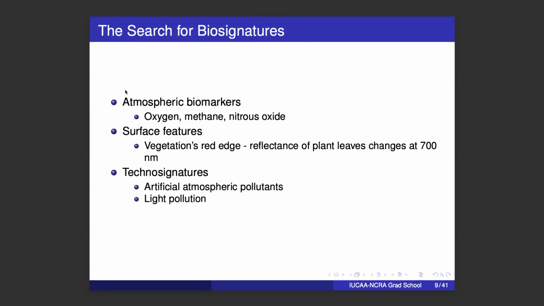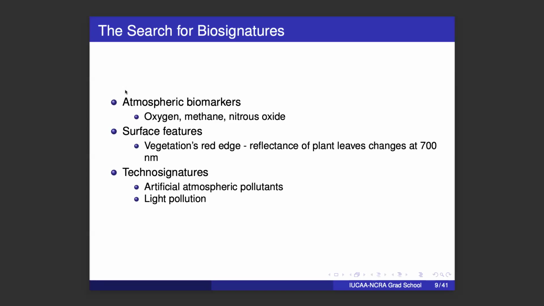Okay. The search for biosignatures is another area where things are moving fast. So the goal is to look for atmospheric biomarkers. And the idea is that oxygen, methane, and nitrous oxide are three chemicals which indicate the presence of life.